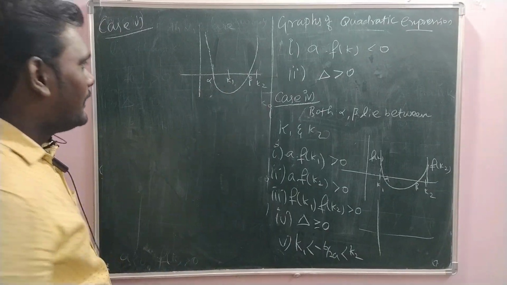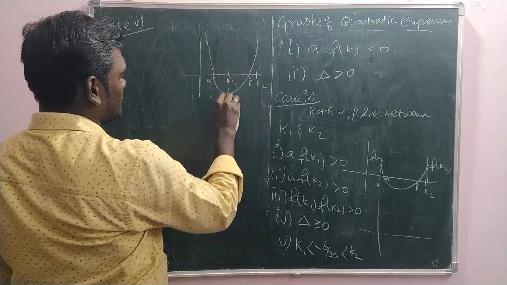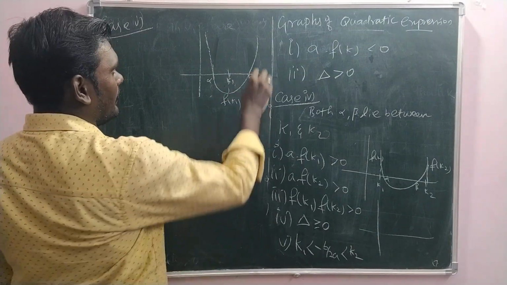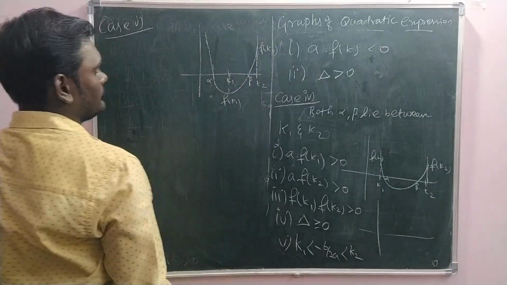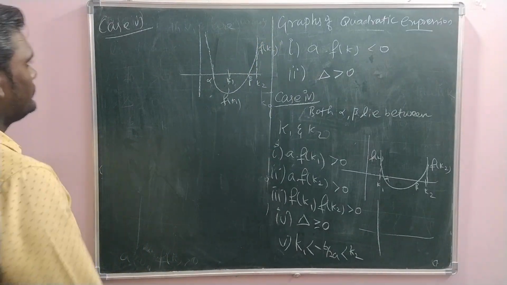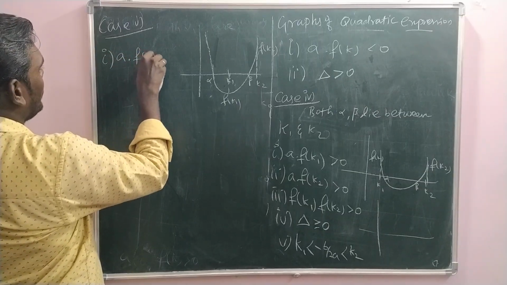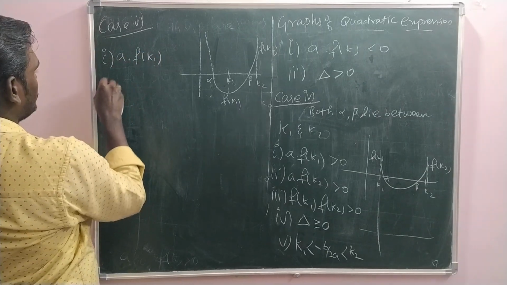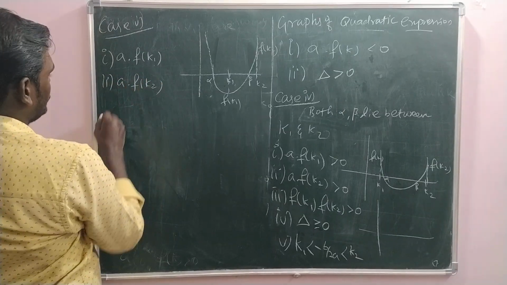See, sir, f of k1 is negative, f of k2 is positive. So what can we say about a into f of k1, a into f of k2?